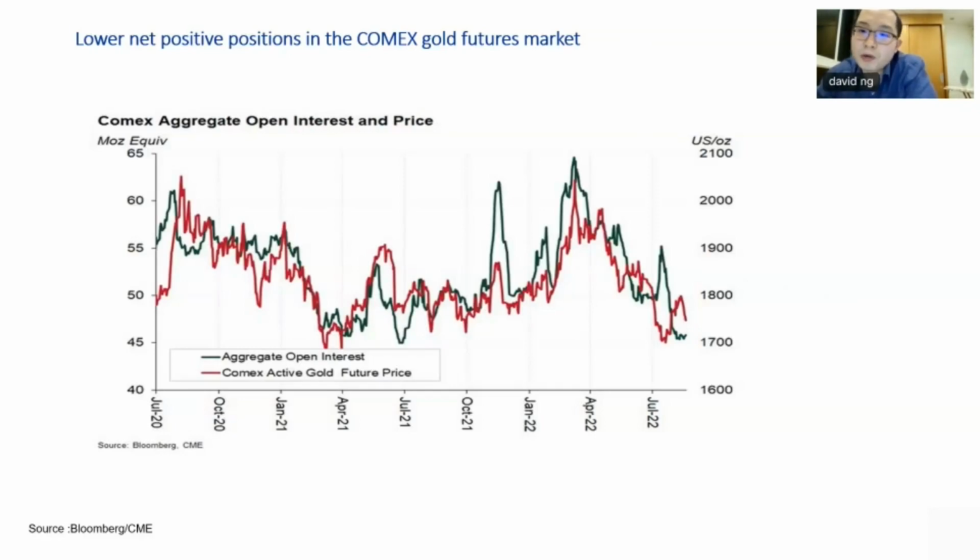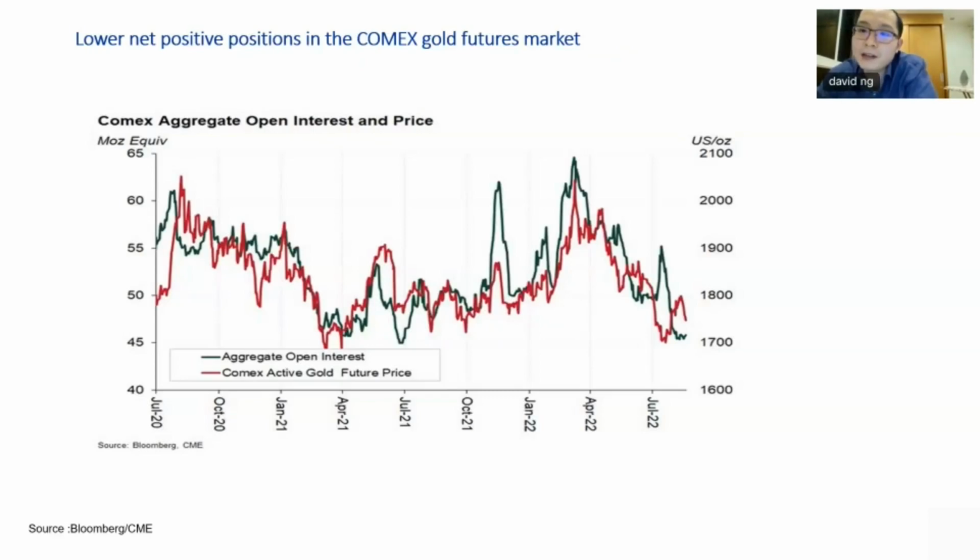What's interesting to watch over the past couple of weeks is that we have seen the net positions in the COMEX market actually start to decline. In fact, it has shown slight negativity when it comes to net positions. So it goes to show that whenever you start to see declining interest in the open positions, that indicates that generally the market is not going to perform well.